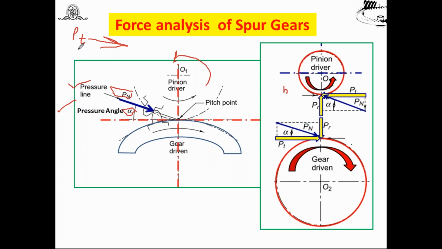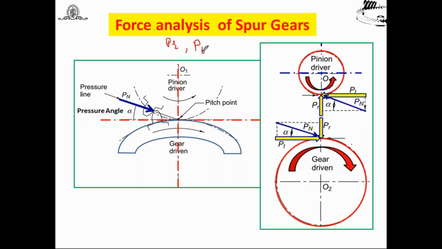Again here, in spur gear, this force Pn has two components. Two components means in spur gear, one is the radial and another one is the tangential.